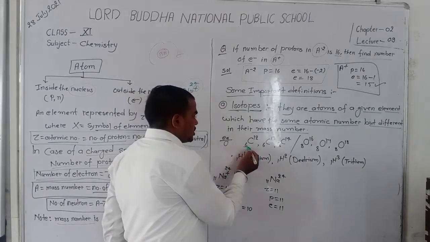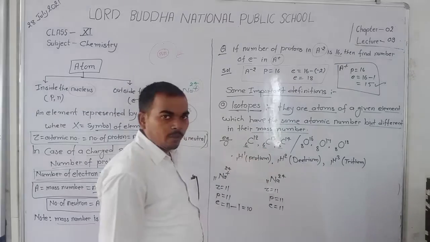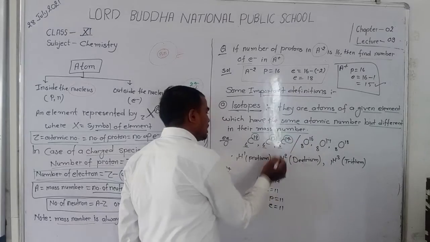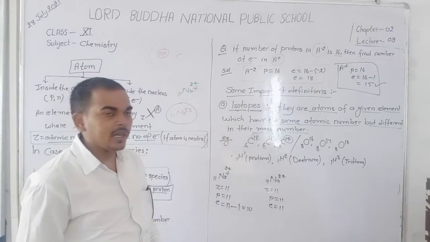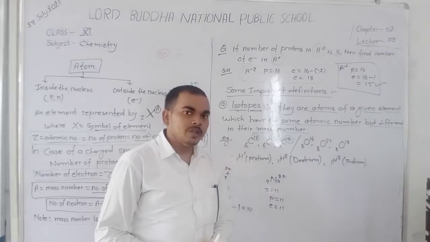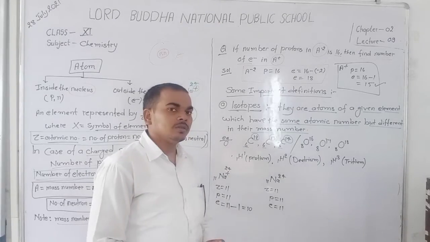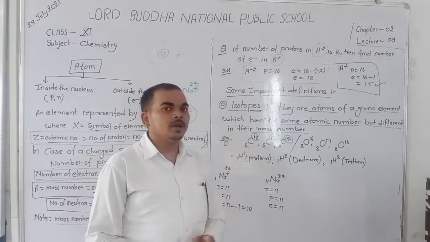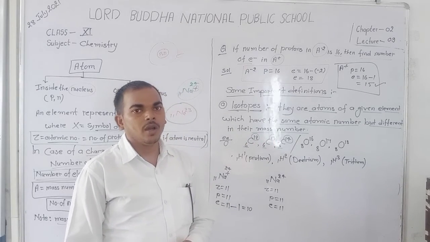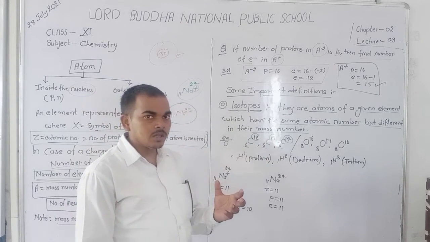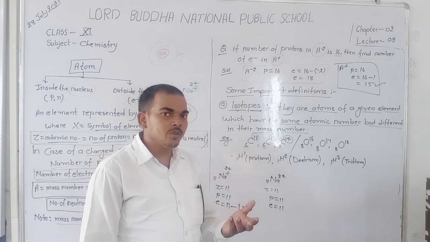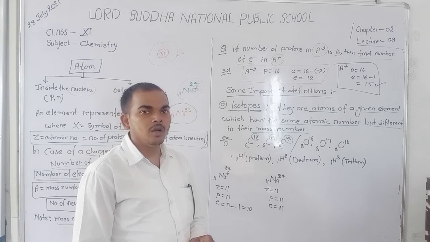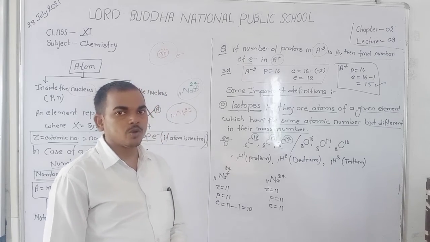Atomic number of carbon is 6 and 6, similar atomic number, but the mass numbers are 12, 13 and 14. Here carbon-12, carbon-13 and carbon-14 are given. Means similar element but different mass, or we also say same atomic number but different mass. Atoms of an element which have the same atomic number but different mass are known as isotopes.